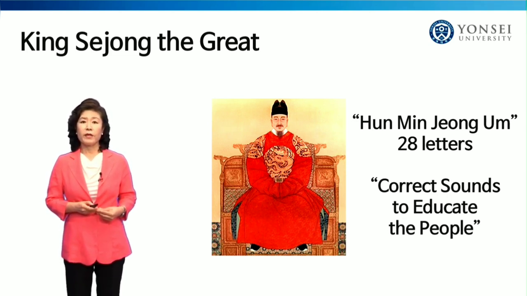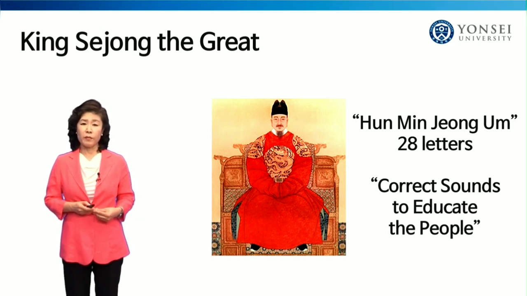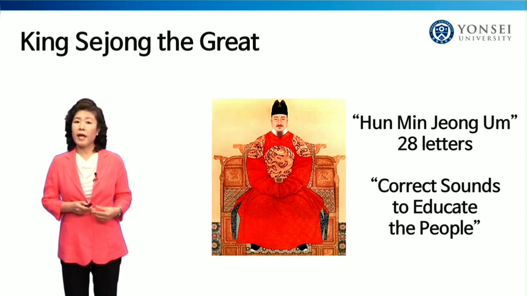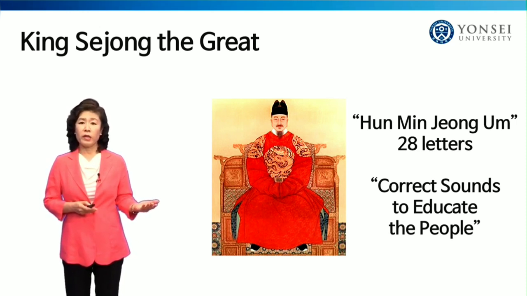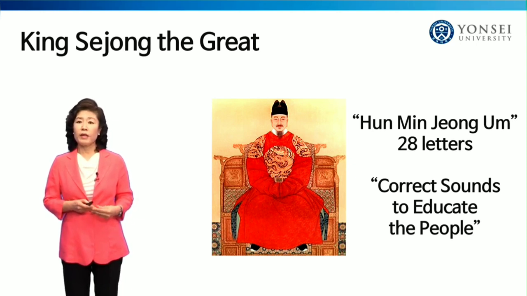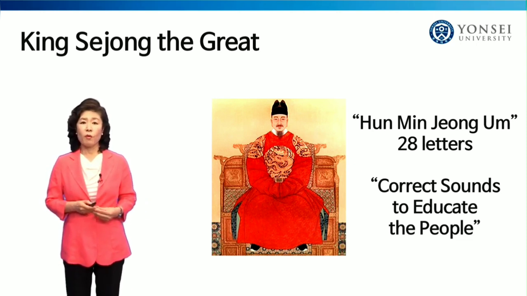This collection of 28 was given the name 훈민정음, which translates as correct sounds to educate the people. As time went on, however, some of the letters fell out of use to the point where now there are 24 basic characters, 14 consonants, and 10 vowels.